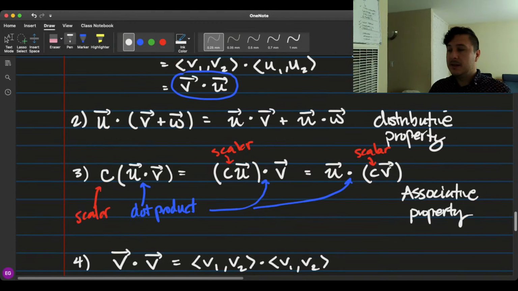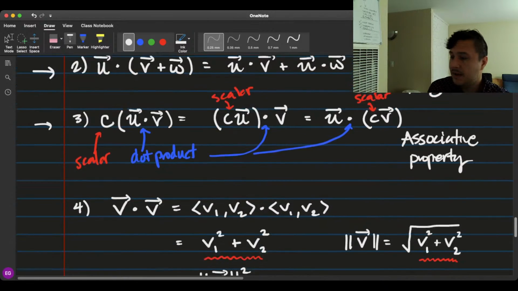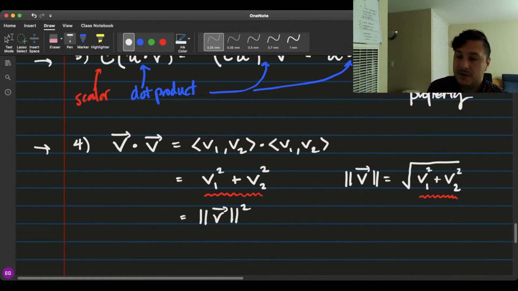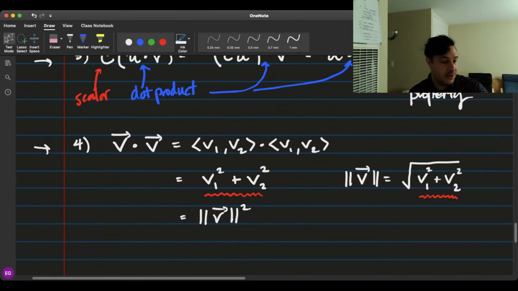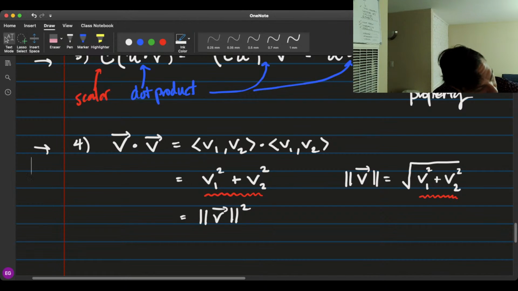The distributive property gets used a lot, like in calculations. The associative property, sort of, not so much. And the fact that when you dot something with itself, you get the magnitude squared, you end up using a lot of the time. Like a crazy lot of the time. Like sort of surprisingly a lot. It shows up all over the place.